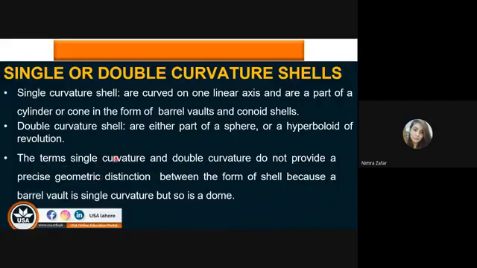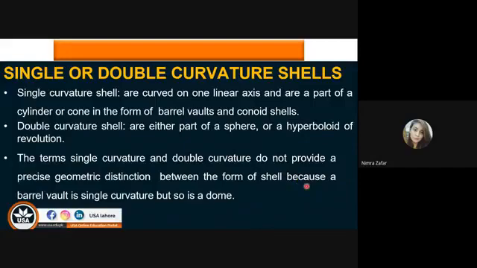The terms single curvature and double curvature do not provide a precise geometric distinction between the form of a shell, because a barrel wall is single curvature, but so is a dome. So with the help of shape, it is very difficult to distinguish between single and double curvatures, as a barrel vault is single curvature and the dome itself is a single curvature, but we see the dome round from all the sides.